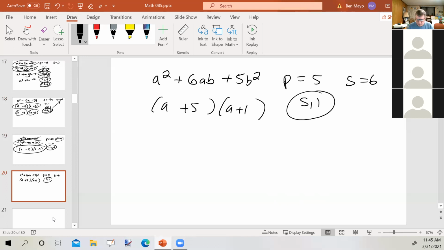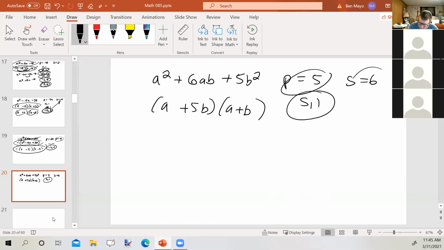Well, there's a problem. I have a second variable in this trinomial. I've forgotten all about the b squared. Well, how would the b squared be broken up at the end? We'd have a b here, and I'm going to write b there. I could write 1 times b, but the 1 isn't necessary.